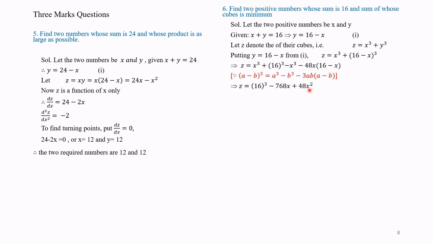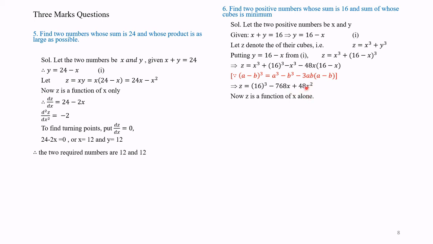Therefore, now z is a function of x alone. Therefore, we will take the first derivative. Therefore, dz by dx is equal to minus 768 plus 48 x square.